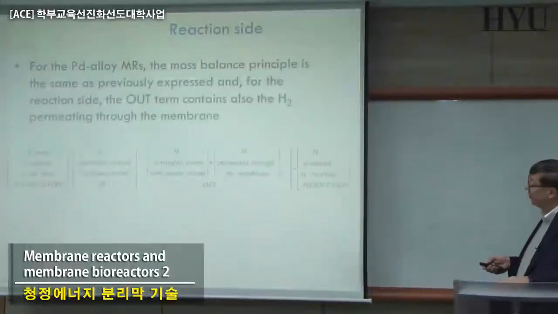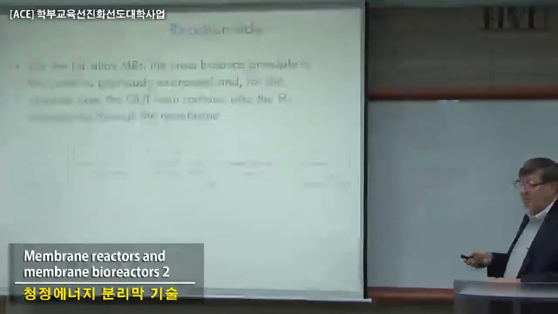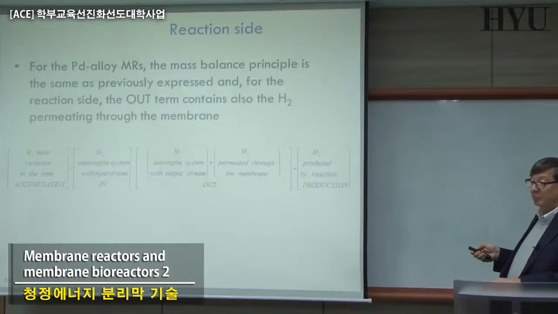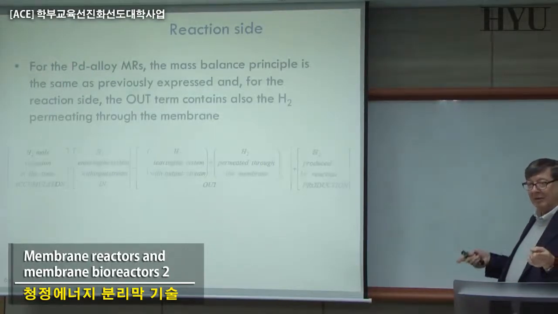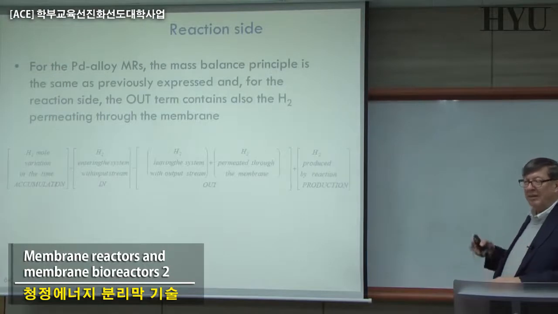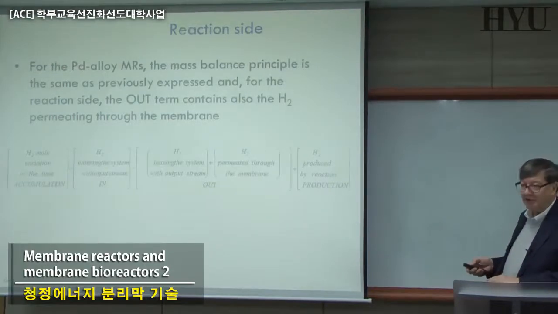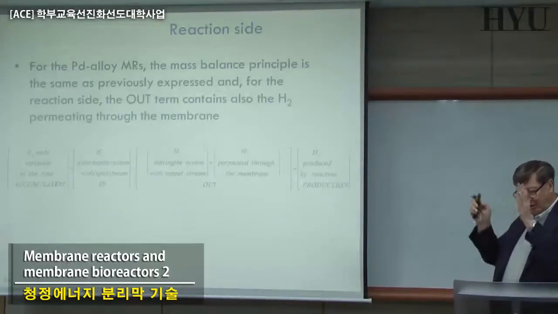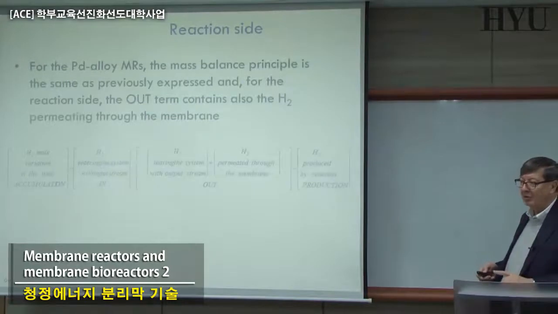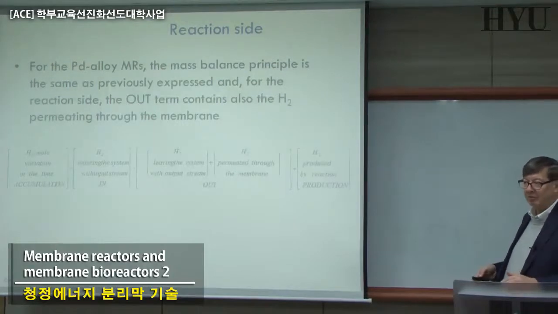So now, if you are going back to our membrane reactors based on palladium alloys, all the membranes, what I told you until now was wrong. We never use palladium membranes. Palladium membrane cannot be utilized because when hydrogen starts to penetrate the structure of palladium, the palladium becomes very brittle, and very quickly it breaks and is destroyed.